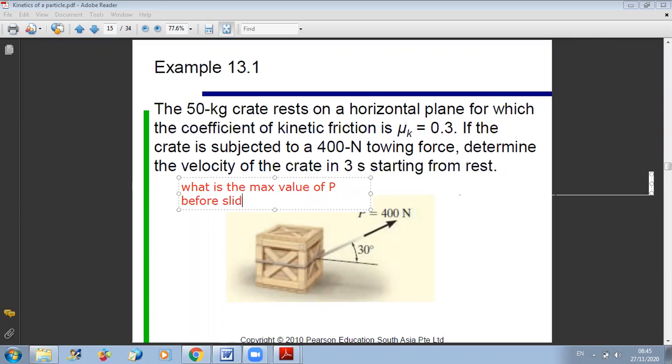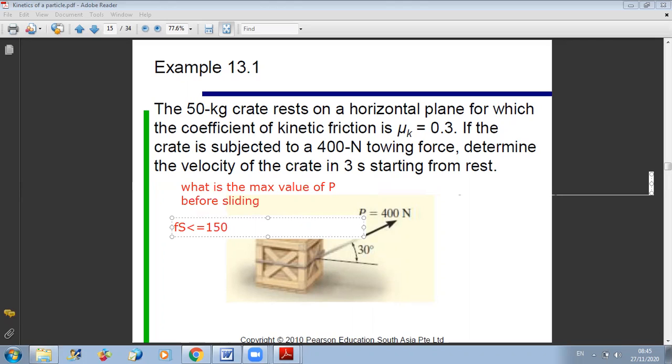If I ask you this question, then you say that to avoid sliding, I should have static friction. And to have static friction, what is the condition? The condition is that F static is smaller or equal to 150.